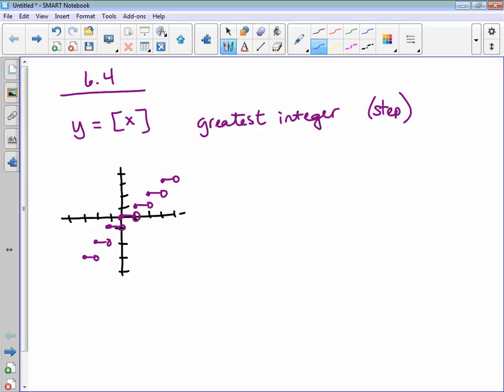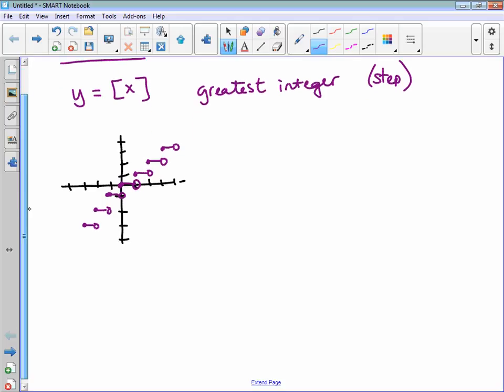So guys, I'm just going to go through the examples of what can happen with a transformation of this for you, just to make sure you guys are okay with it. So parent graph always closed on the left, open on the right. It starts at 0, 0. So let's do this one.